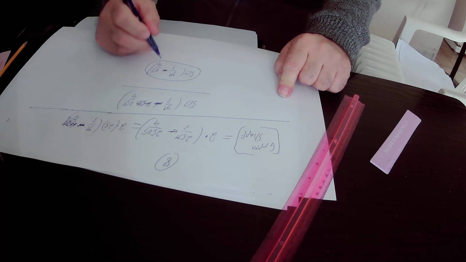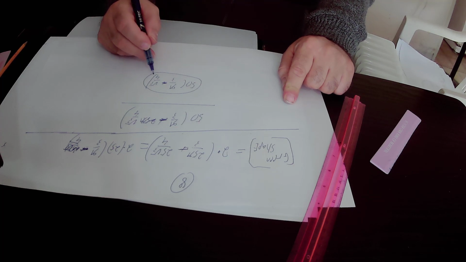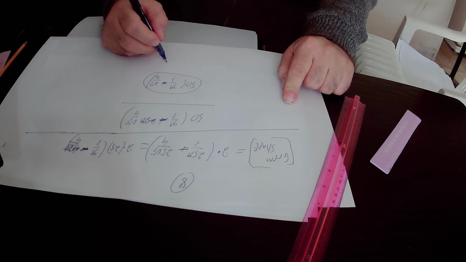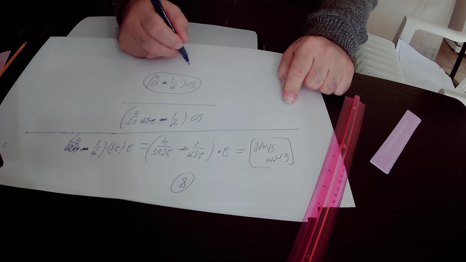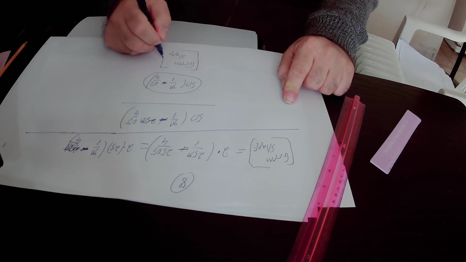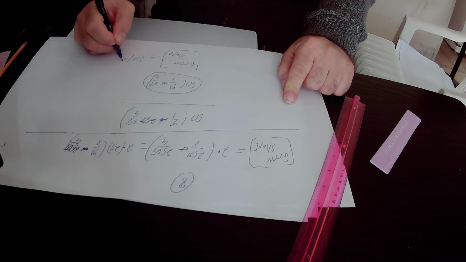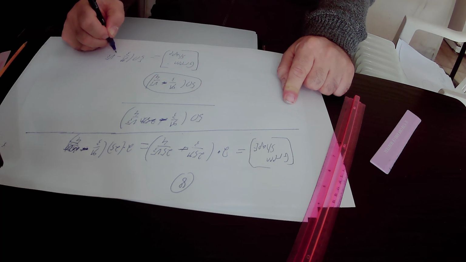In conclusion, the area of the green shape equals 50 times pi over 3 minus square root of 3 over 4 square units.